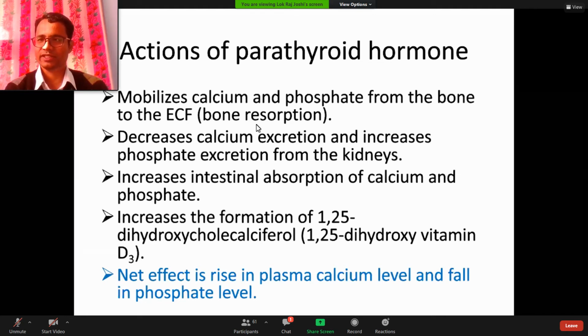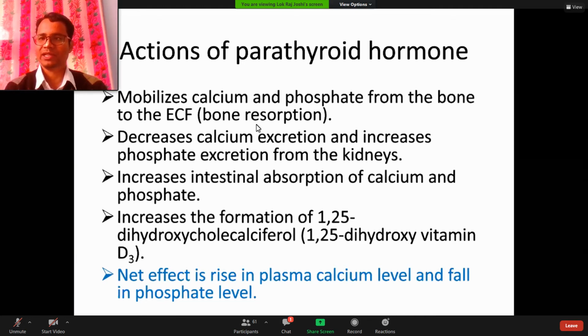In the kidneys, reabsorption of calcium but excretion of phosphate. There is a dissociation between calcium and phosphate at the level of kidneys. Finally, phosphate level will be decreased under the influence of parathyroid hormone. That means when there are excessive levels of parathyroid hormone, phosphate level will finally decrease in the plasma, and calcium level will increase.